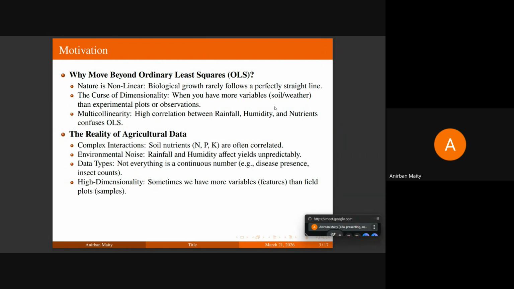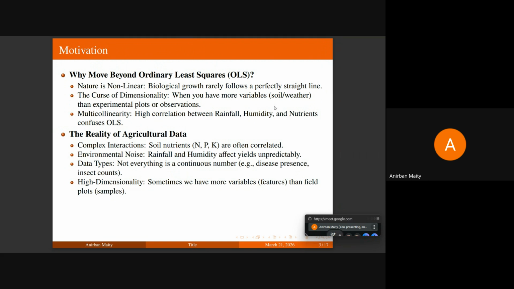If there are a huge number of features in the data, and the number of features is more than the number of observations, this is big data with huge numbers of features. This is known as the curse of dimensionality, because due to the huge number of features your model complexity will increase.